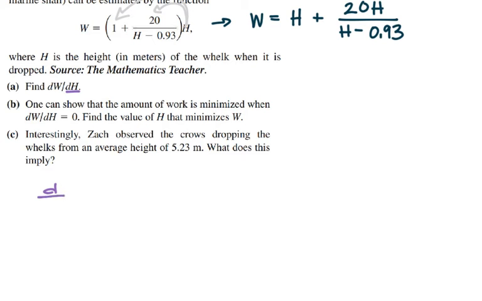So I'm going to take the derivative with respect to h of my function I found. W equals h plus 20h over h minus 0.93.